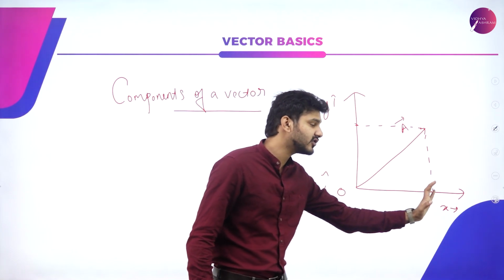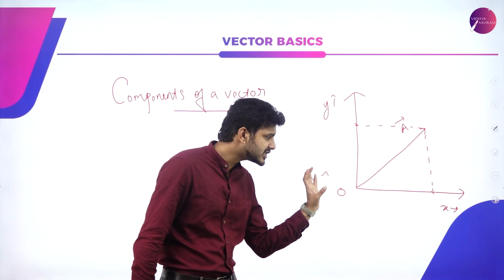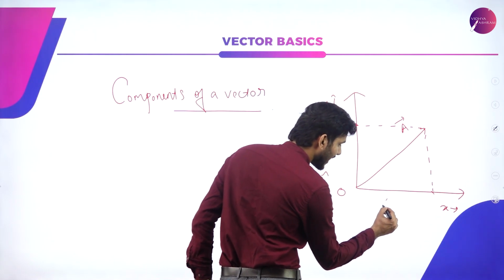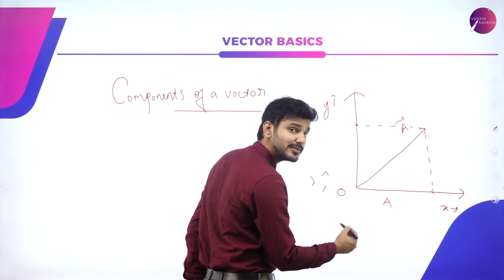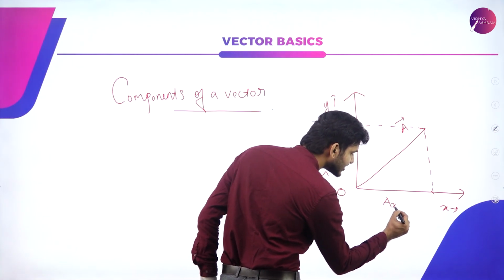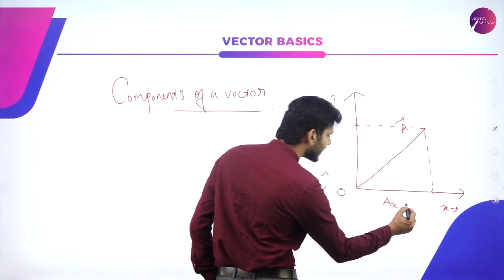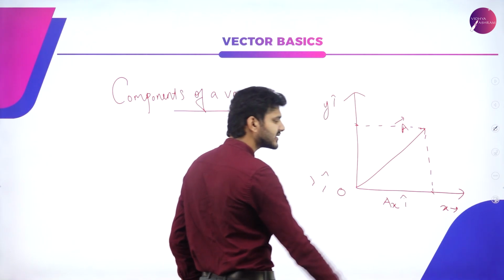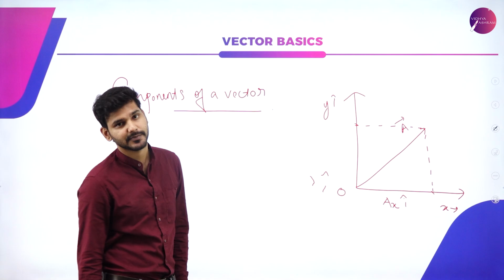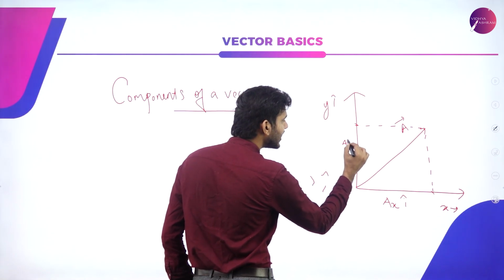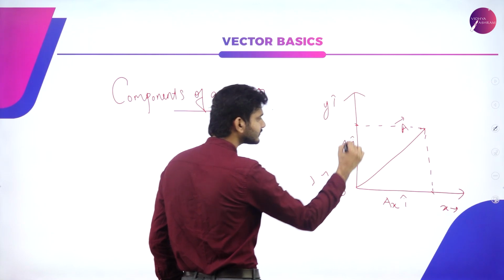The magnitude value will be the same, and here it will be along the x direction, that is ax. If you want, you can also multiply the unit vector, that is ax I cap, and here it will be ay j cap.